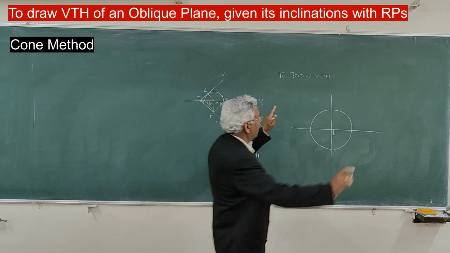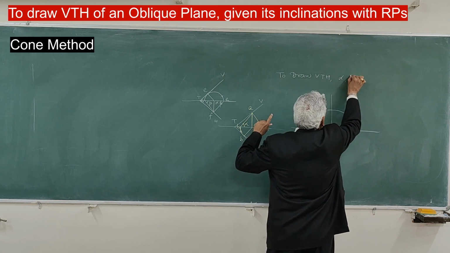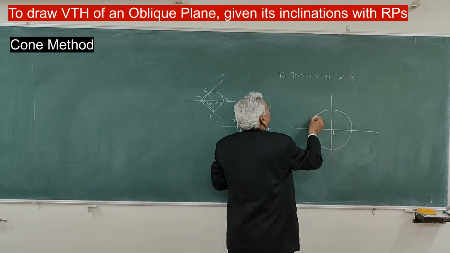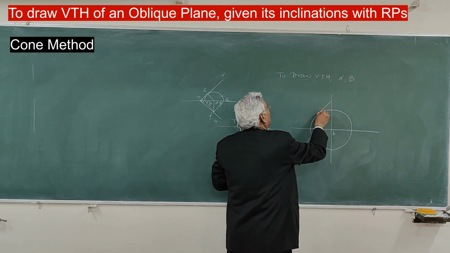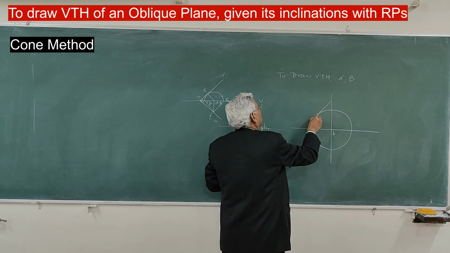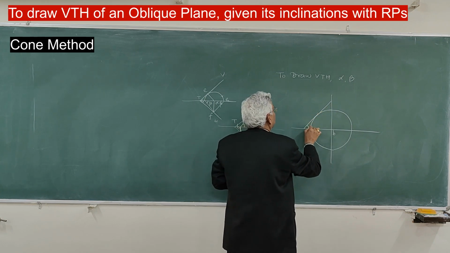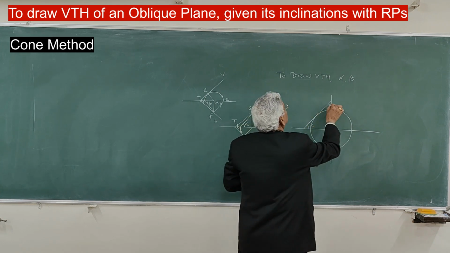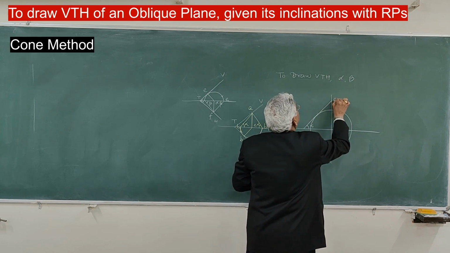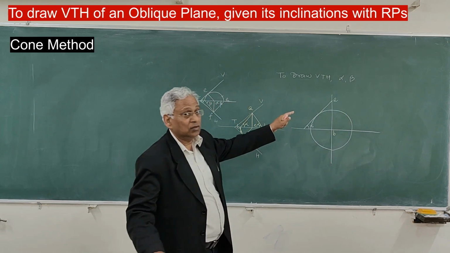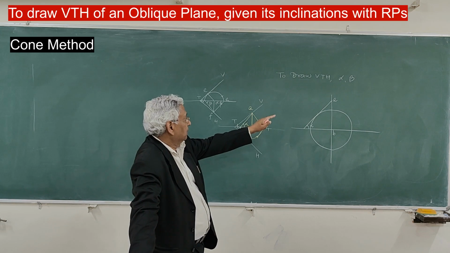Now, alpha and beta are given. So, draw a tangent to this circle at angle alpha in the vertical plane. This point, let us say, is A. This point is now on the vertical trace of the oblique plane.